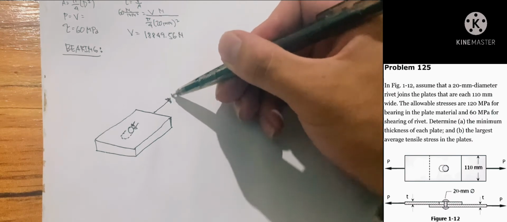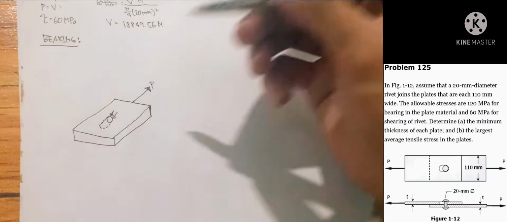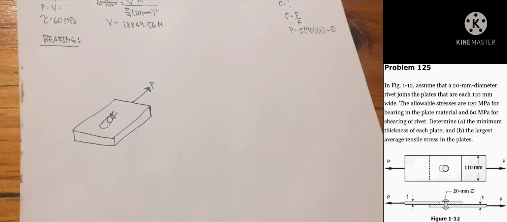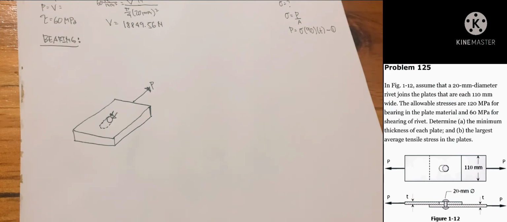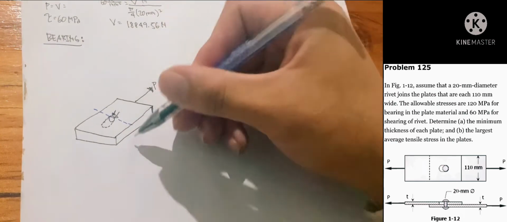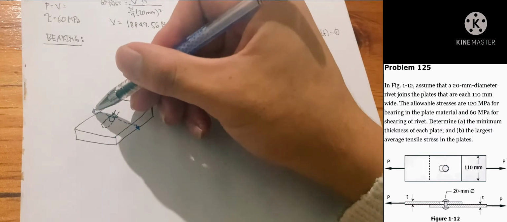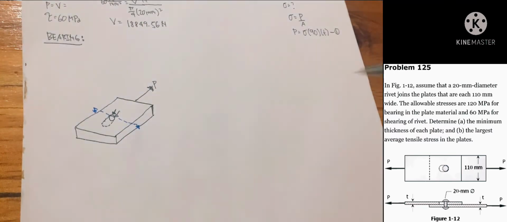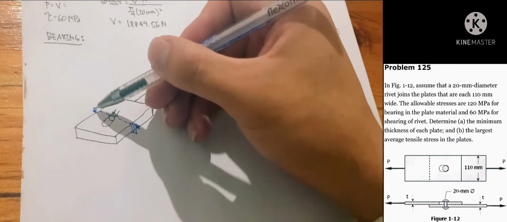So bearing is the contact pressure between two bodies, right? So the area that is going to resist the rivet, since the plate is the one that is going to move, would be the one under which I put the arrow on.